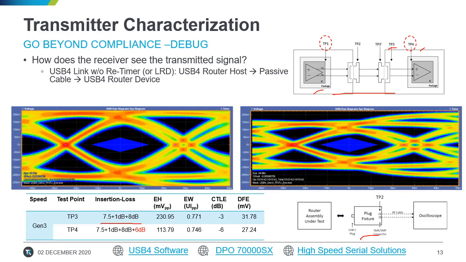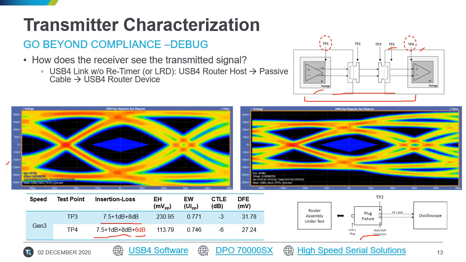That becomes TP3. So these are the eye diagrams I got for the TP3 test point. And what I did is I took the same TP3 waveform and embedded another 6 dB to make it 22.5 dB. That will be the maximum loss we can have in the USB4 link.